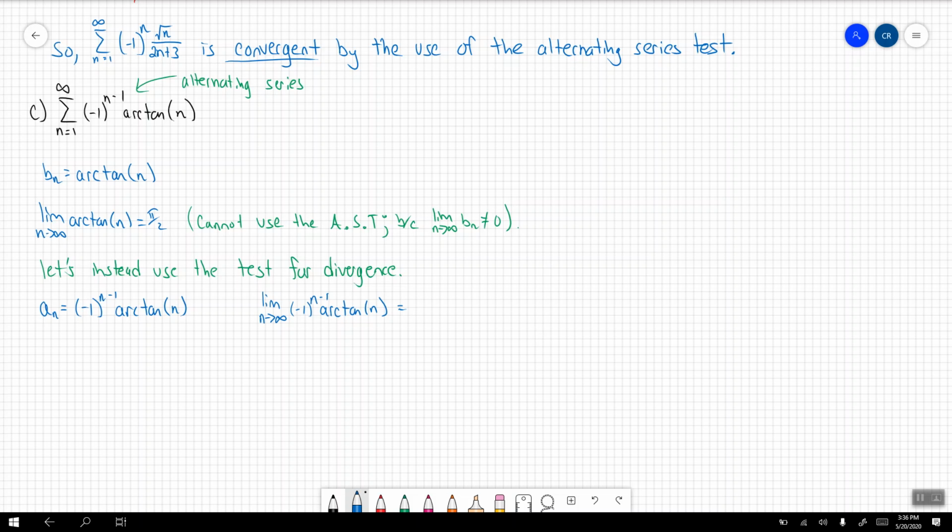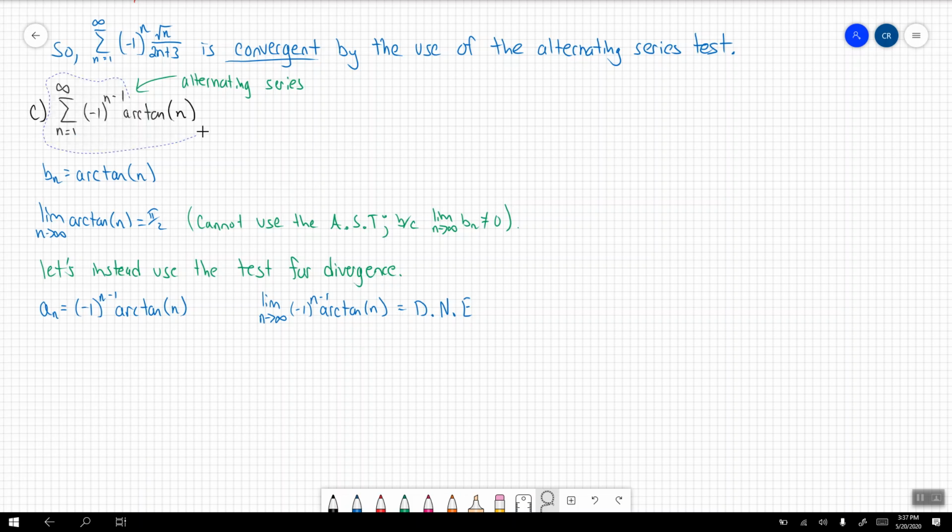In other words, does this limit exist? This limit does not exist for this function, negative 1 raised to the power of n minus 1 multiplied by arctangent of n. That's nice because the test for divergence says that if this limit does not exist, then the series diverges.